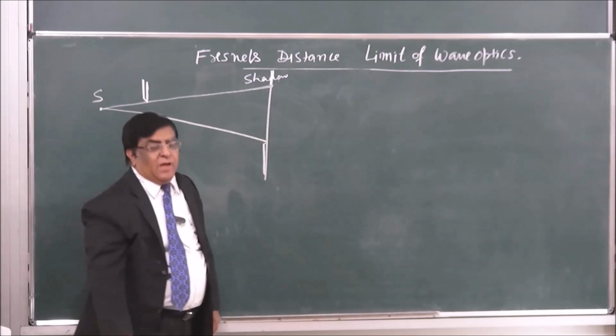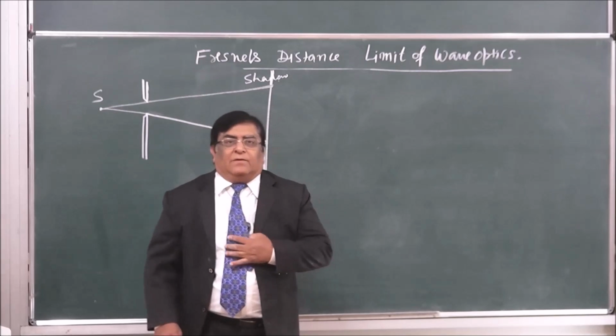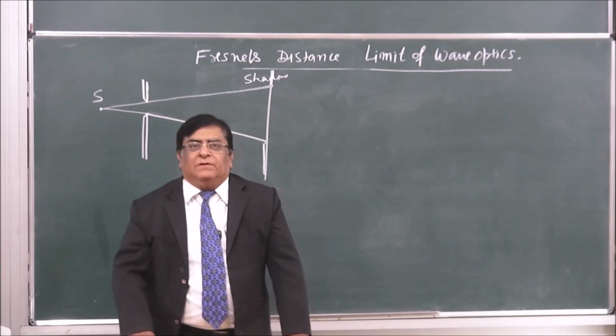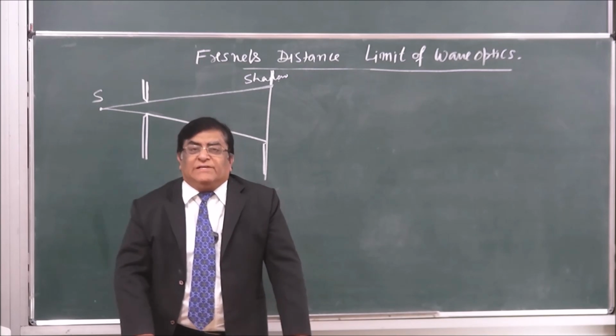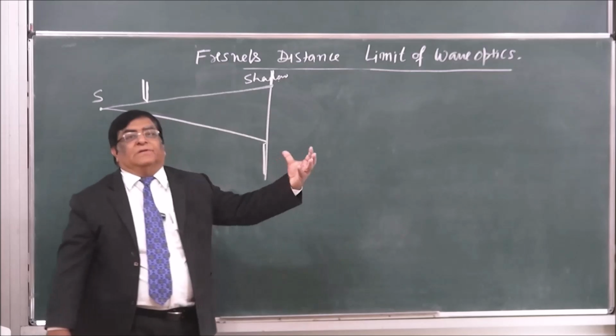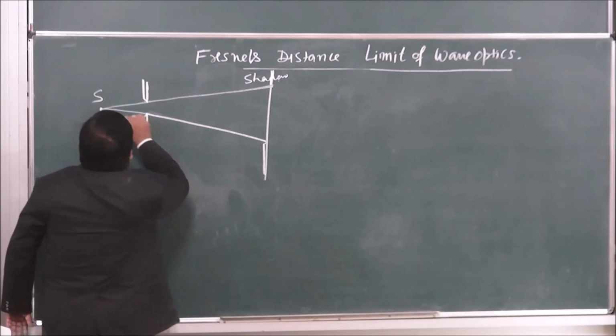Now, I want to see the opening, make a diagram, and find out the size by taking the help of wave optics. So I say from here, wave fronts are moving.